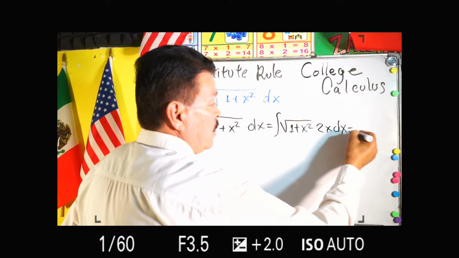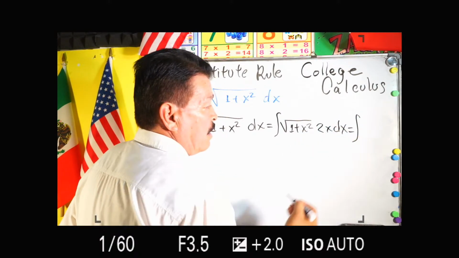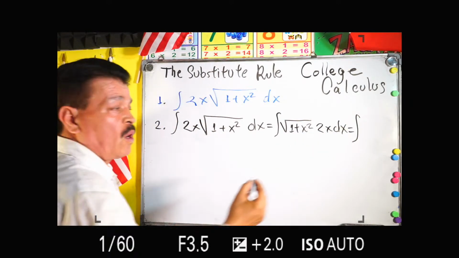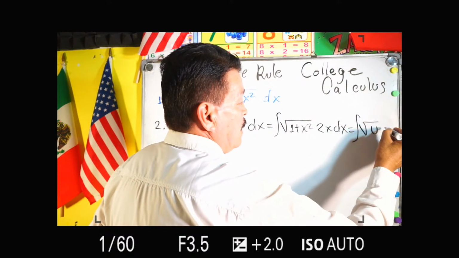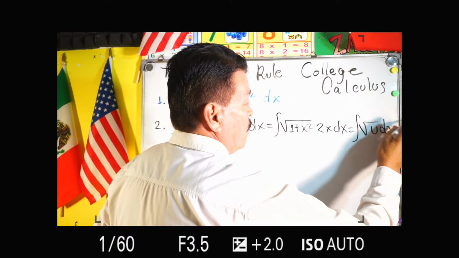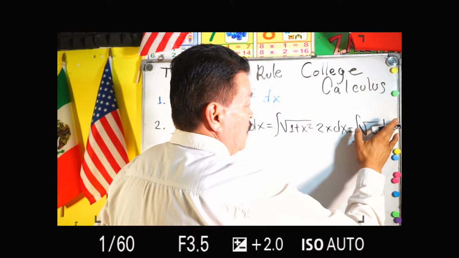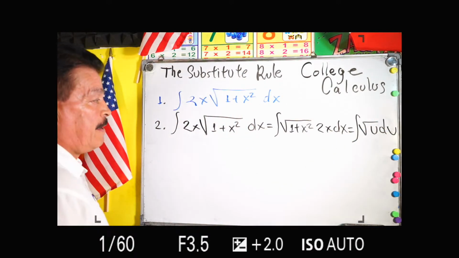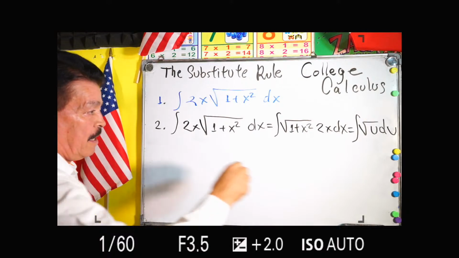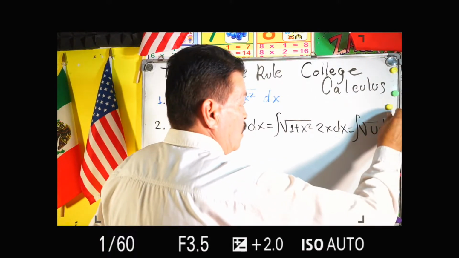Here we have to write the integral of the square root of u du. That's actually step number 2.